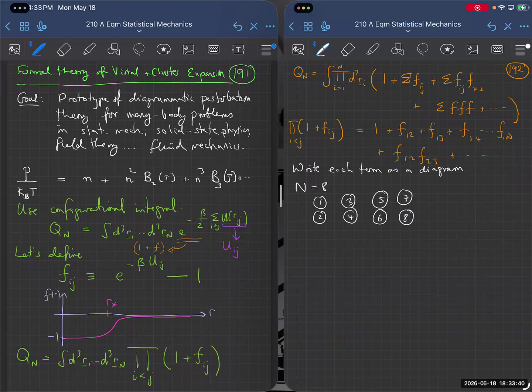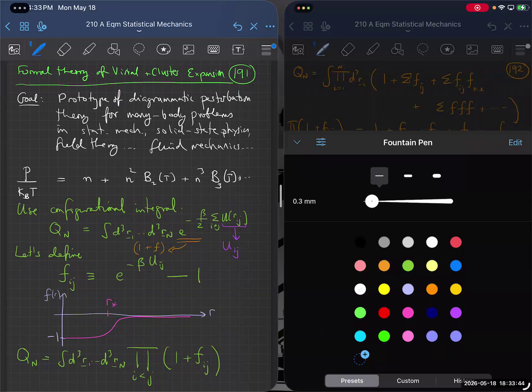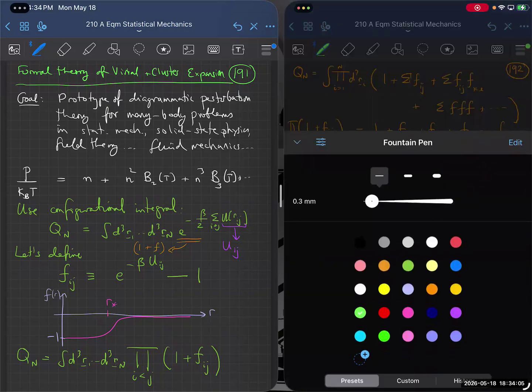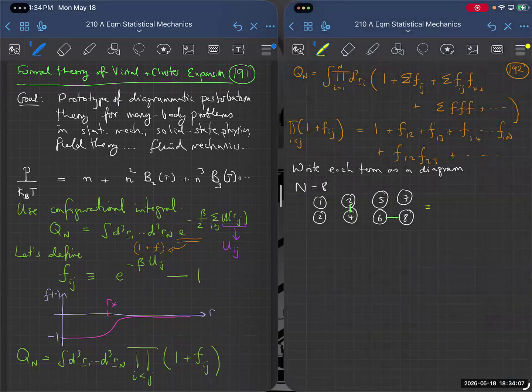I'm just happening to write them down like that. And then I connect them with a line if such a term exists in the integral. So let's suppose, for example, I have a line connecting that one and a line connecting that one. Then that thing can be turned into the following integral.